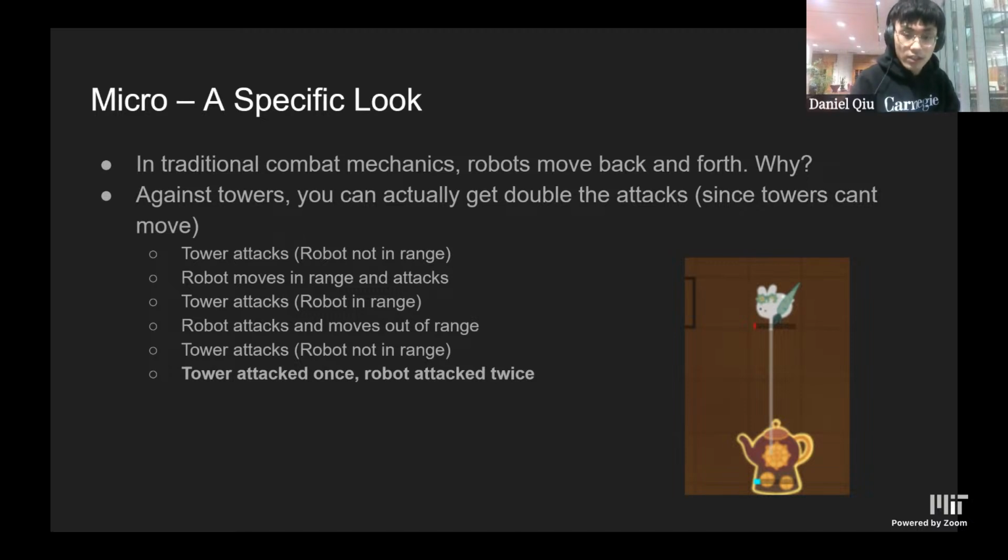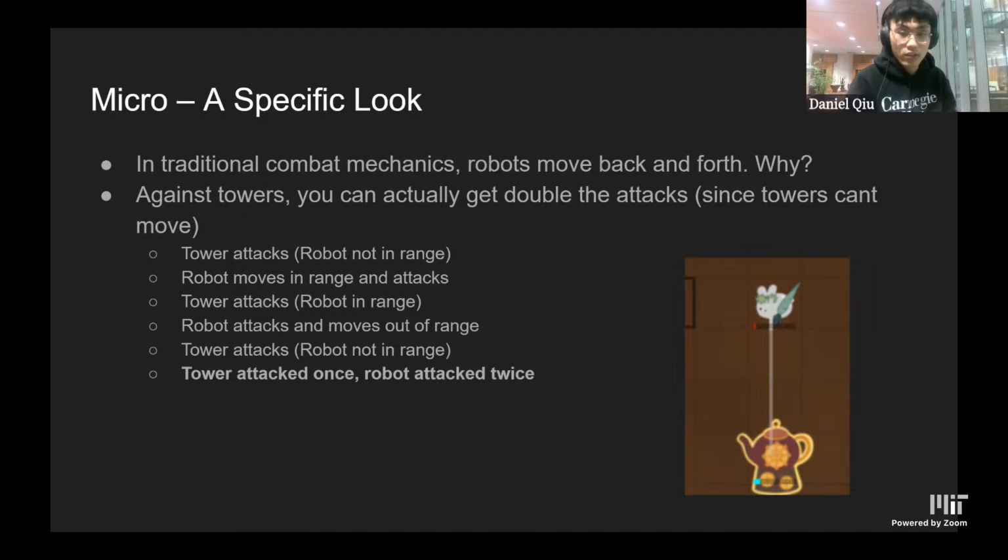The tower has a larger radius, so the tower attacks, and then the robot moves in range and attacks. Then the tower attacks you back, but then the robot attacks and moves out of range. So in reality, the robot gets to attack twice, whereas the tower only gets to attack once, because you can attack and then move in the same turn.